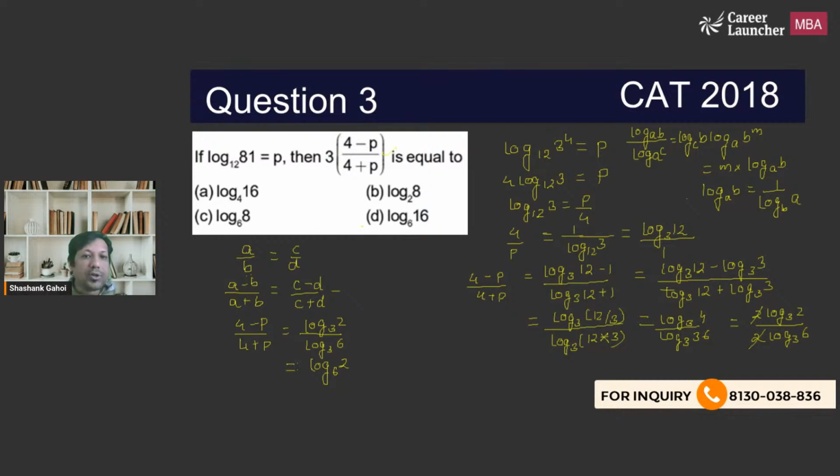The question is not talking about the value of 4 minus p upon 4 plus p. The question is talking about 3 times that. So 3 times 4 minus p upon 4 plus p is equal to 3 times log base 6 2. So it is going to be log base 6 of 2 cube, and 2 cube is 8. So the answer of this question is going to be log base 6 8, which is option C.